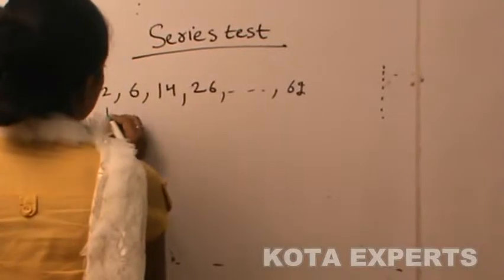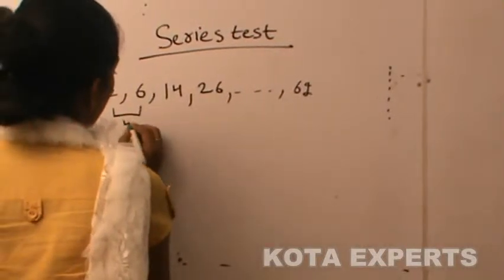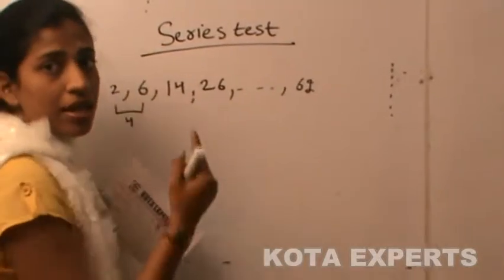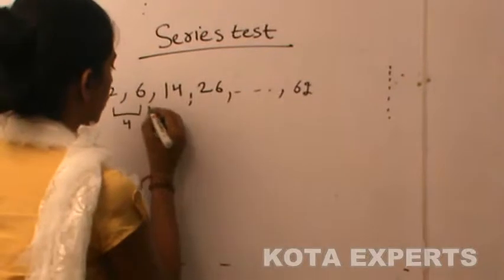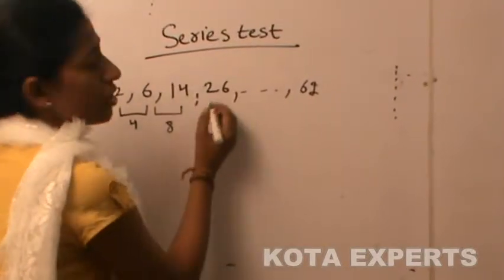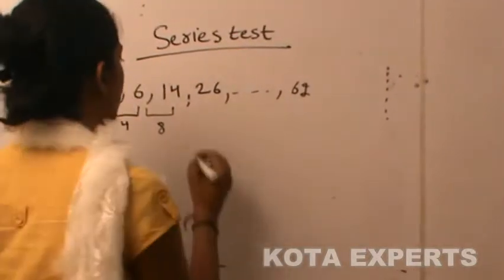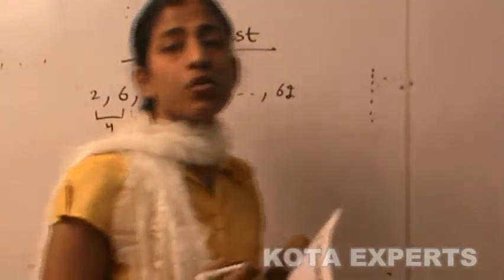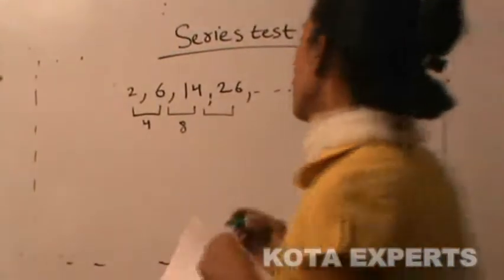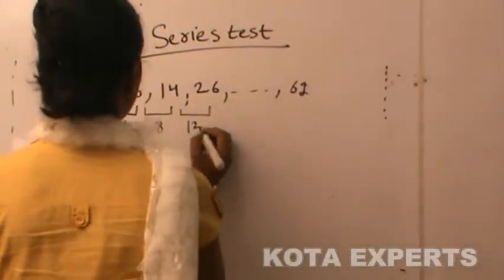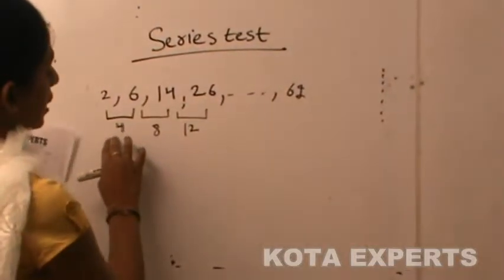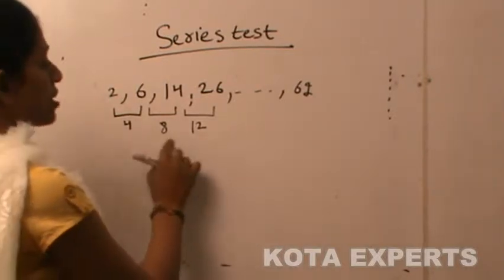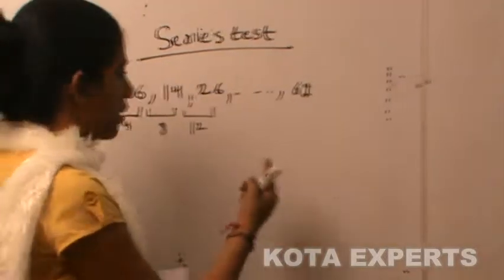So see, there is a difference of 4. In this, 14 minus 6 is 8, you all know. And then 26 minus 14, what is this? 26 minus 14 is 12. So we are seeing that the difference is increased by 4 every time.